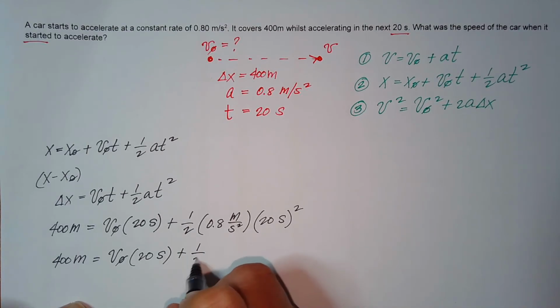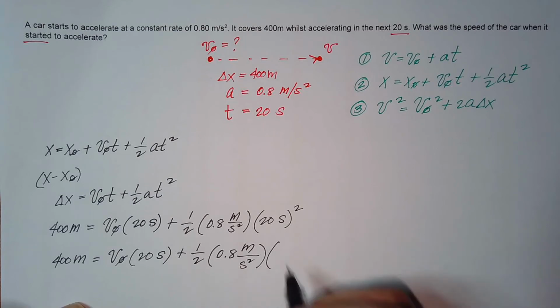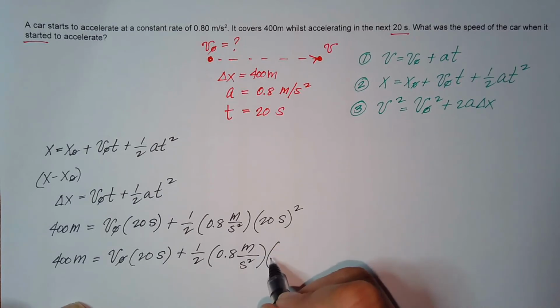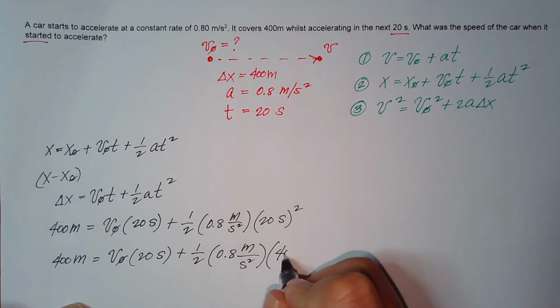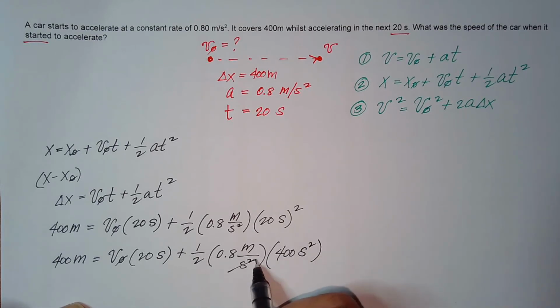So let me write it down: 1/2 times 0.8 meters per second squared times 20 seconds squared. 20 squared is 400, and the seconds squared cancel.